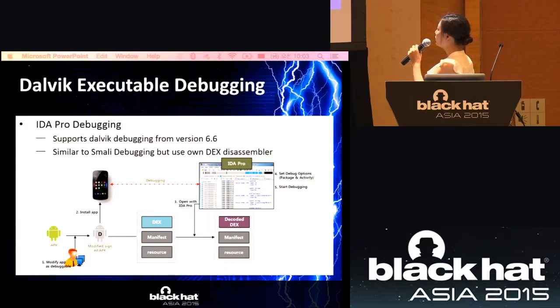The analyst should also set debug options like package name and activity names, and they can start debugging using IDA Pro. Then IDA Pro starts the application, which is installed on the smartphone by the analyst, and this process waits for the debugger to be connected, and then IDA Pro can continue debugging.